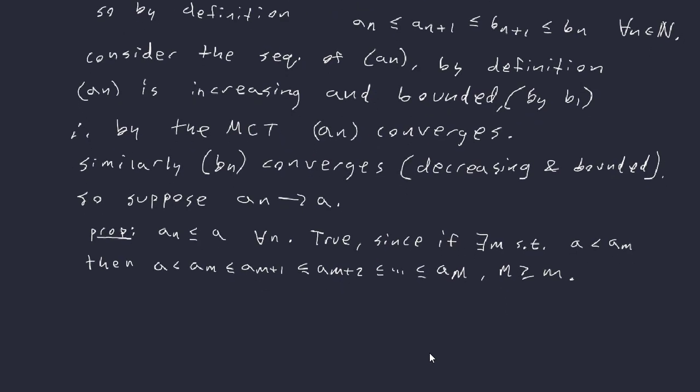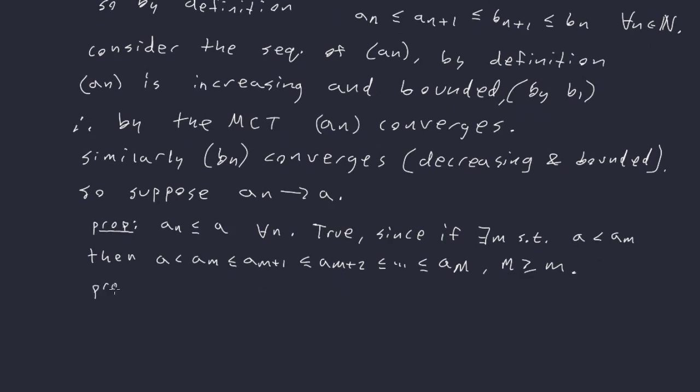All right. The next proposition is that A is less than or equal to b_n for all n. Okay, so this one might be a little trickier.